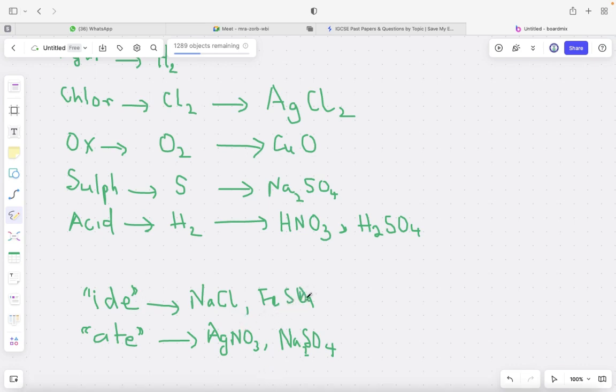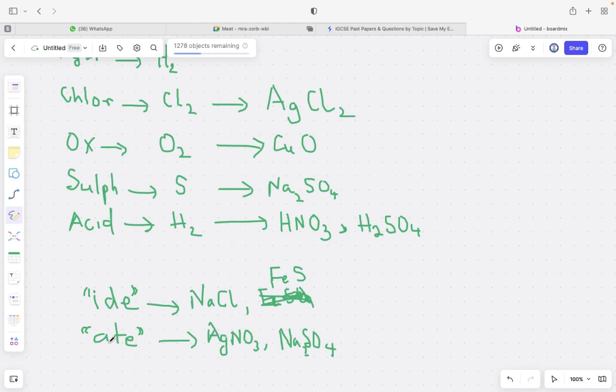Okay, this one does not contain oxygen. Sorry about this one. Iron sulfide is just FeS. When it ends with IDE, it does not contain oxygen. But when it ends with ATE, the compound contains oxygen as well.